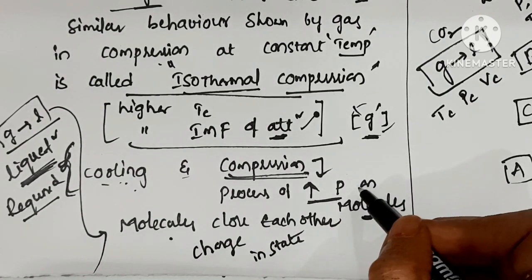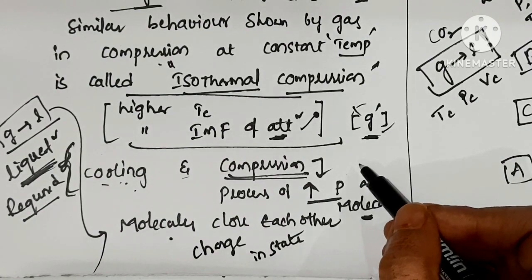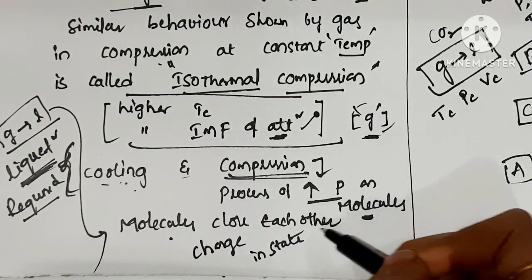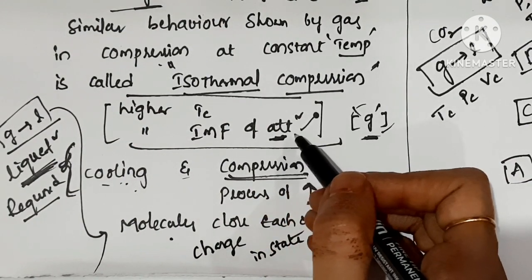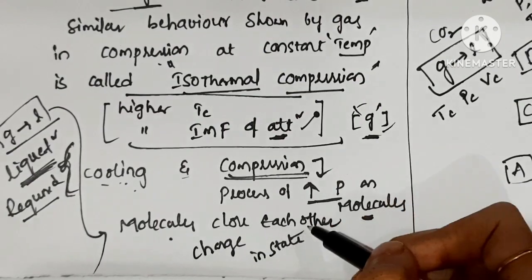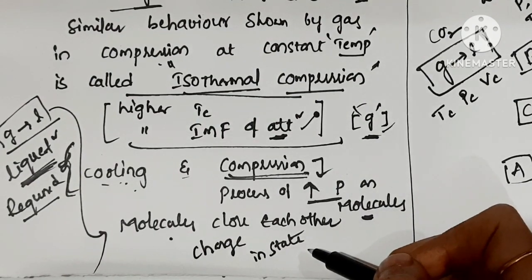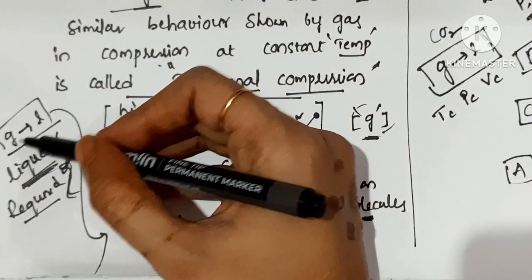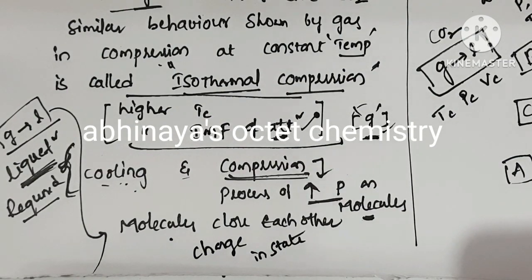When we increase the pressure on gaseous substances, molecules come close to each other, intermolecular forces of attraction are very high, and this leads to a change in state, gas state to liquid state. This is all about liquefaction of gases.